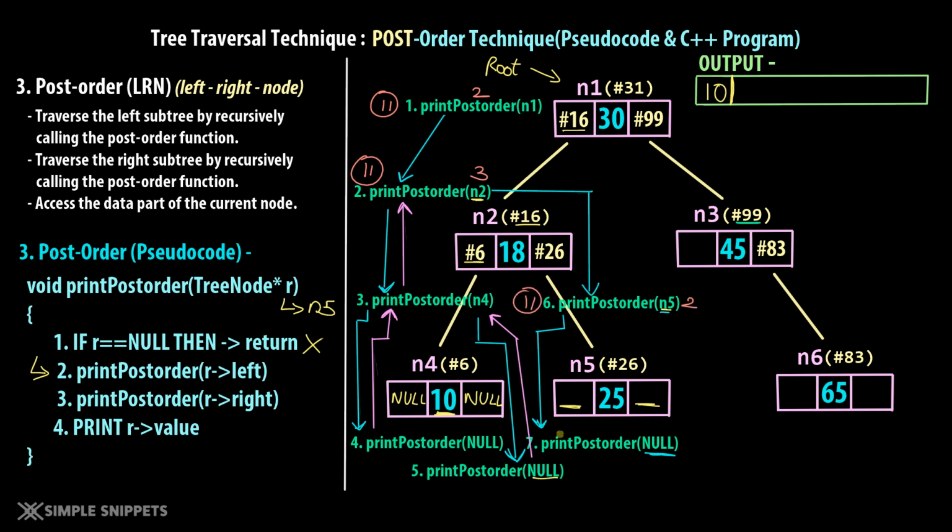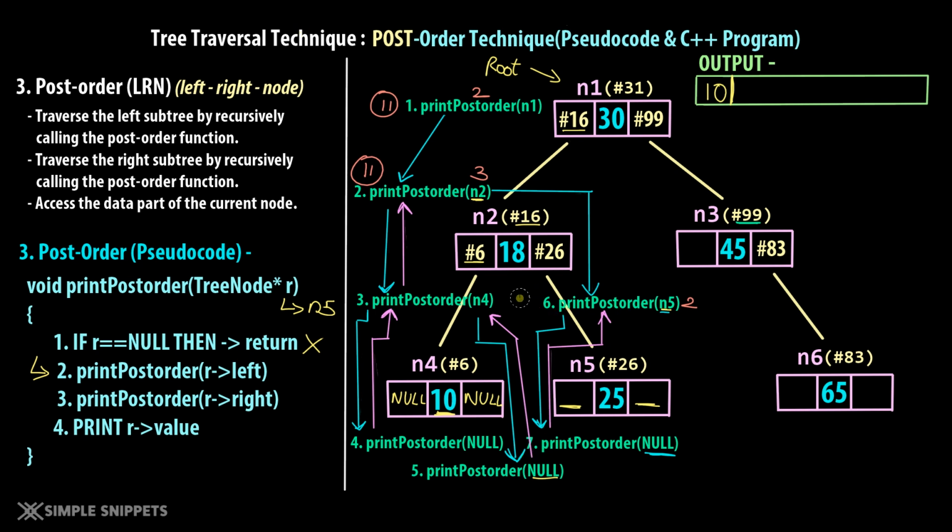Okay. When the seventh print post order is called and you pass null in it, of course at the very first step we will say R equals null, then return. So the seventh print post order will do nothing but just come back again. From the seventh print post order it will come back to the sixth print post order, because the sixth print post order called the seventh.